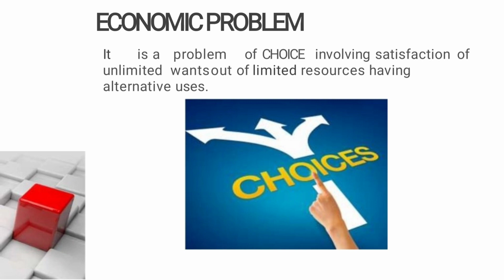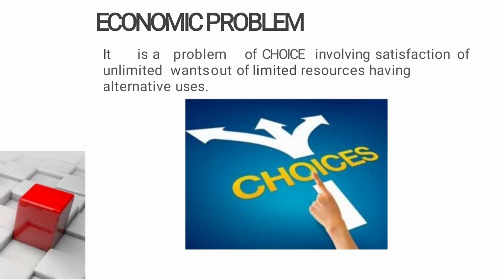What is the economic problem now? Now we have choices, because human beings have unlimited wants. So now we have to choose from these limited resources whether we want this product or whether we want that product according to the money that we have in our hand.